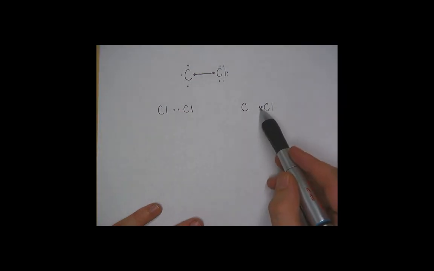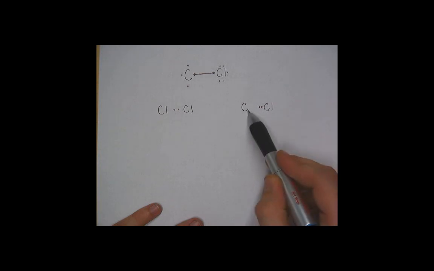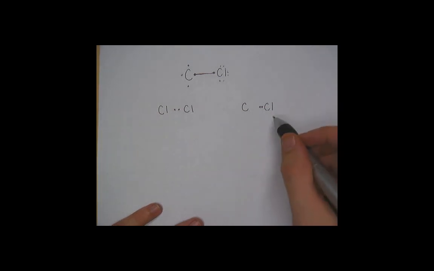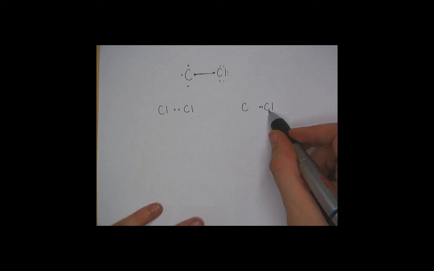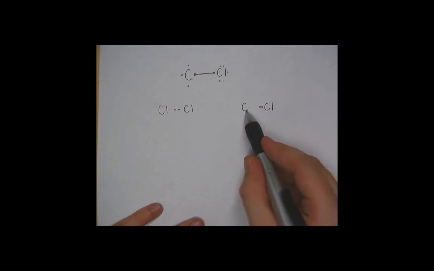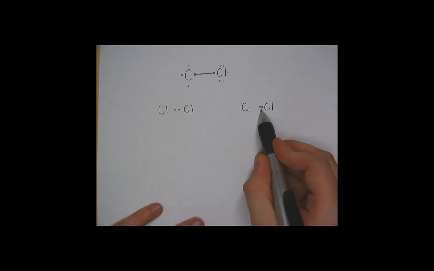So we could think of the two electrons in the bond as being a little bit more chlorine's than carbon's. And this should be pretty easy to think about. In particular, you can probably think of some things that you've shared with roommates or spouses or maybe even your kids, where it was the entire family's or the entire household's, but one or two people used it a lot more. And so we can still think of carbon and chlorine as sharing these two electrons.